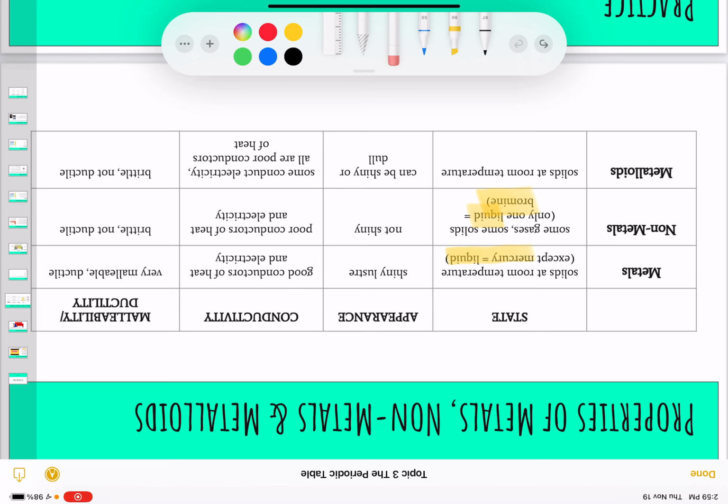Some conduct electricity, but they are all very poor conductors of heat, so they're not the greatest at conducting electricity or heat. And they tend to be brittle and non-ductile, so they fall a lot into the non-metal category, but some of them conduct electricity, which makes them sort of in-between.